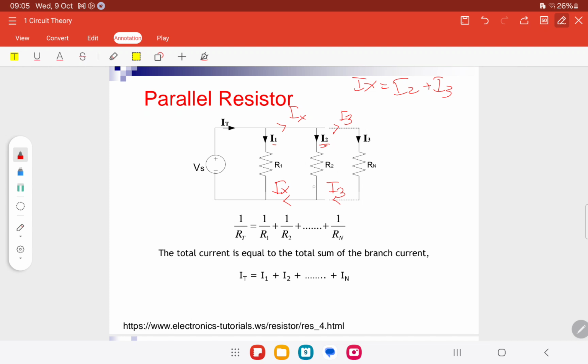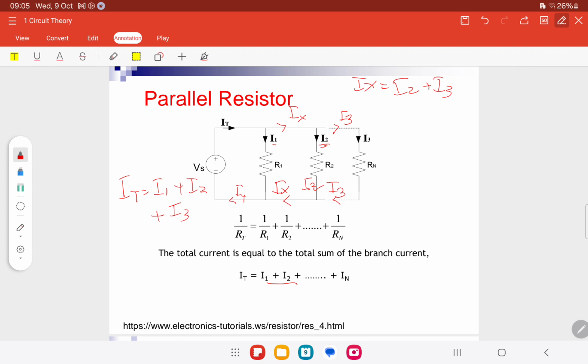So it is gabungan branch dia masuk kat sini from I2 with I3. Okay, dia jadi IX. And for here I apa ni? I total. I total is equals to baru nak tulis, dah ada dah. Okay, I total equals to I1 plus I2 plus I3.